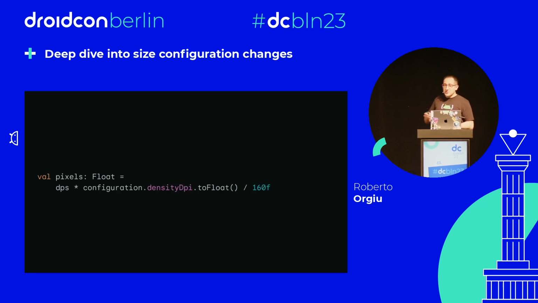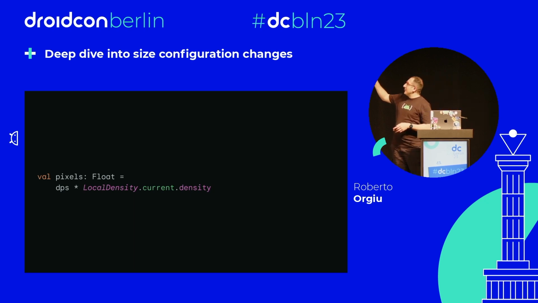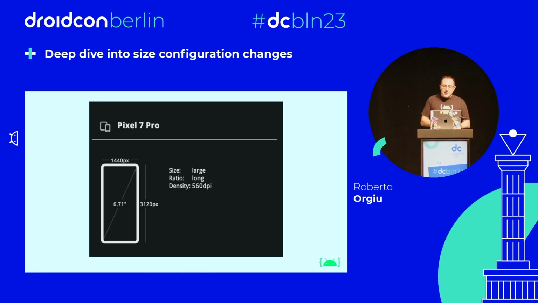So of course, that works the other way around. So we can rearrange it to get the pixels out of the DPs. So yeah, if you're familiar with that constant in Compose, it's basically the part of the formula that we just saw. But let's see why this is important. Let's take a look at the Pixel 7 Pro. It has a physical size of 1440 by 3120, and a density DPI of 560.